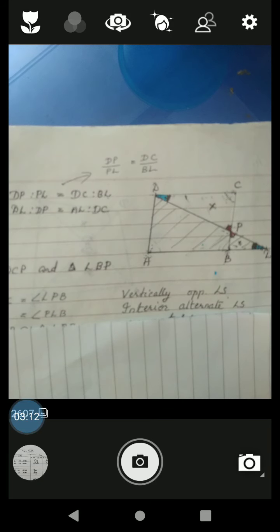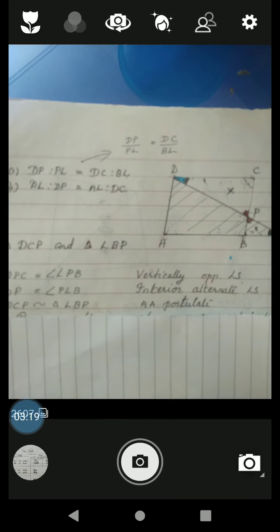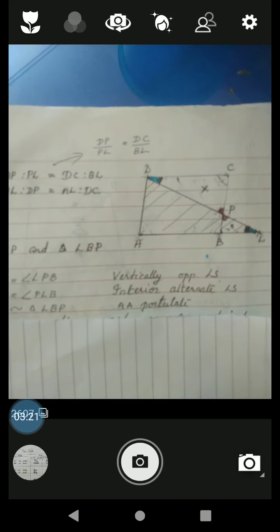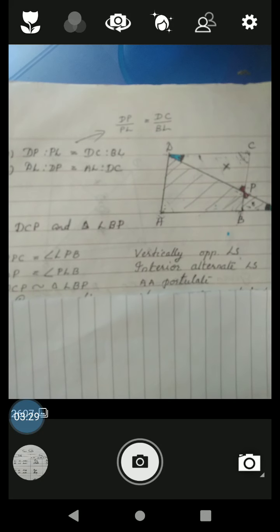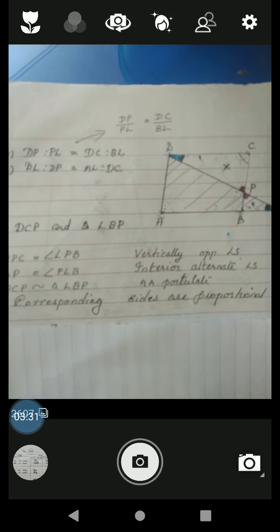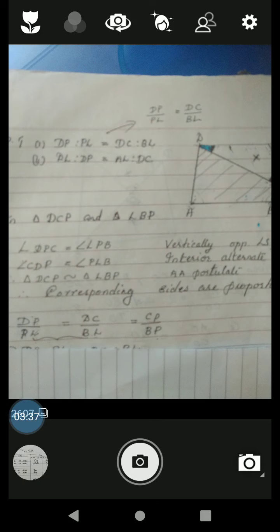Therefore, by AA postulate, these two triangles are similar. We can write AA postulate, these two triangles are similar. If two triangles are similar, their corresponding sides are proportional. Therefore, we can write the corresponding sides in proportion.